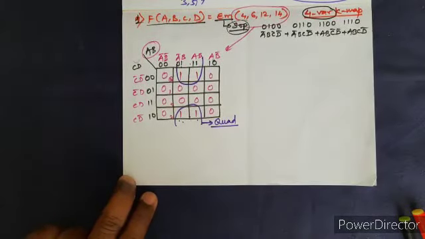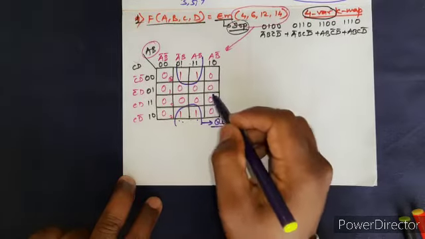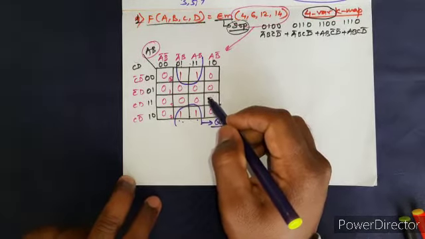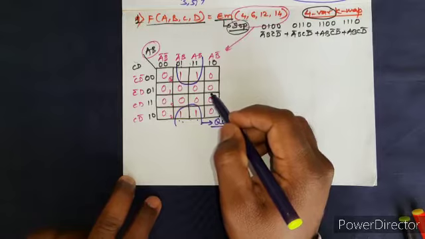But one thing you need to understand for K-map is that the bigger the group is, the more the reduction of variables. If you consider a single one, as we have seen previously, there is no reduction.